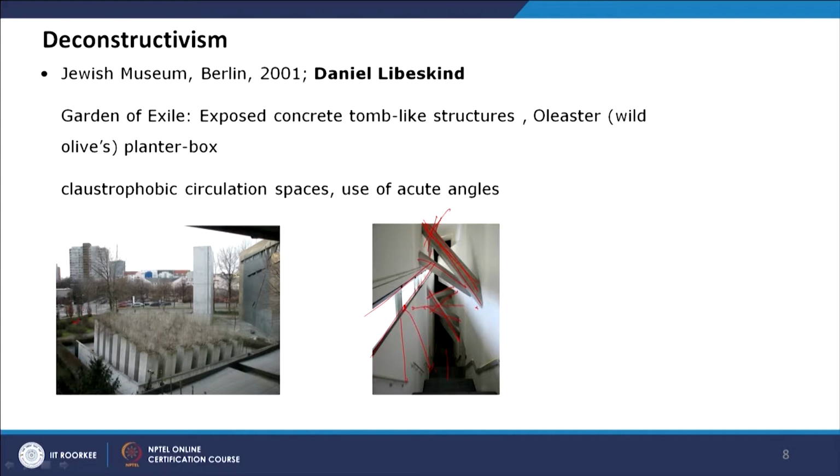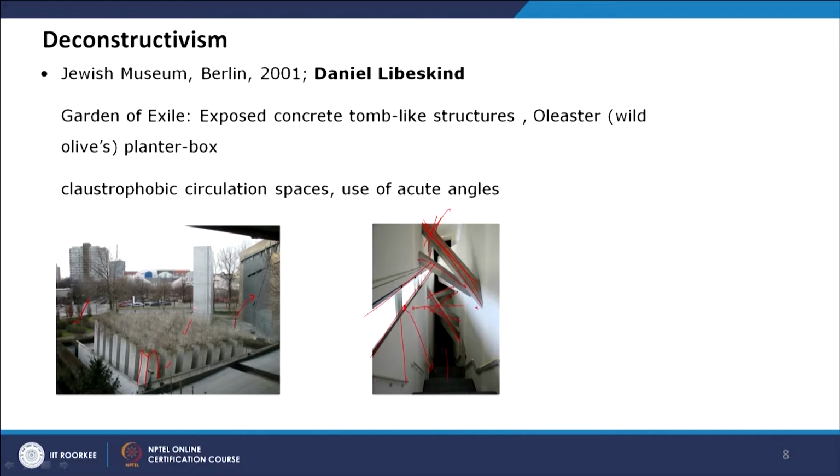And also there is the Garden of Exile. This garden has a series of concrete planter boxes and old olive trees, which go with the gray tint; the exposed concrete also goes with the gray tint of the zinc cladding. Within the building most of the elements are gray to depict the sorrow.